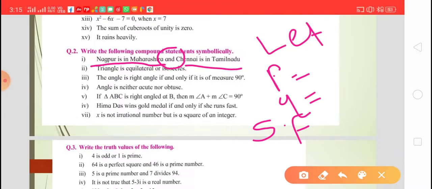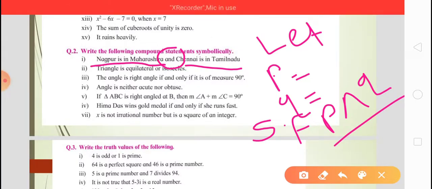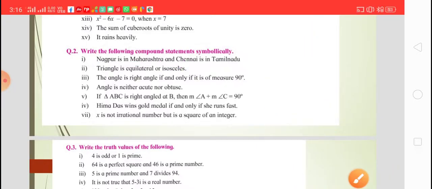So how do we write this compound statement in symbolic form? P conjunction Q, like this. Understand? Firstly you must write the simple statements given in the compound statement. So first write the P statement, Nagpur is in Maharashtra, then the second Q statement, Chennai is in Tamil Nadu, and then the symbolic form: P conjunction Q.